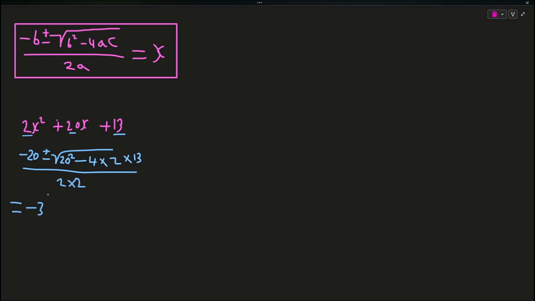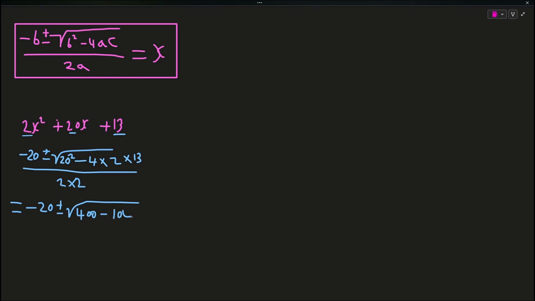So now see the calculations. So minus 20 plus minus square root of 20 squared, which is 400, minus 4 times 2 is 8. 8 times 13 is 80, plus 24 is 104.